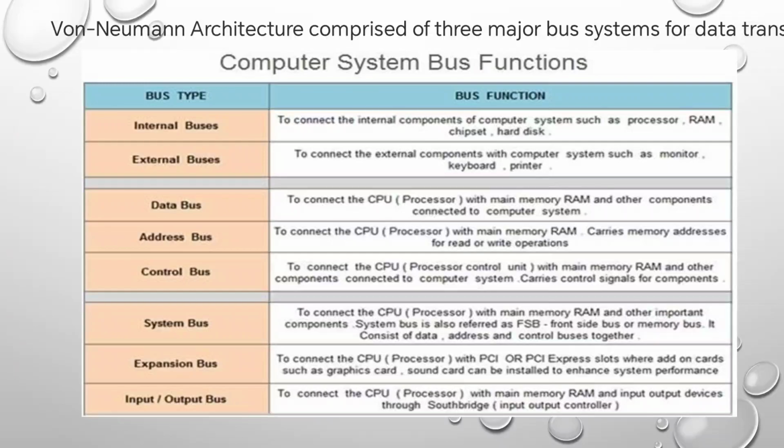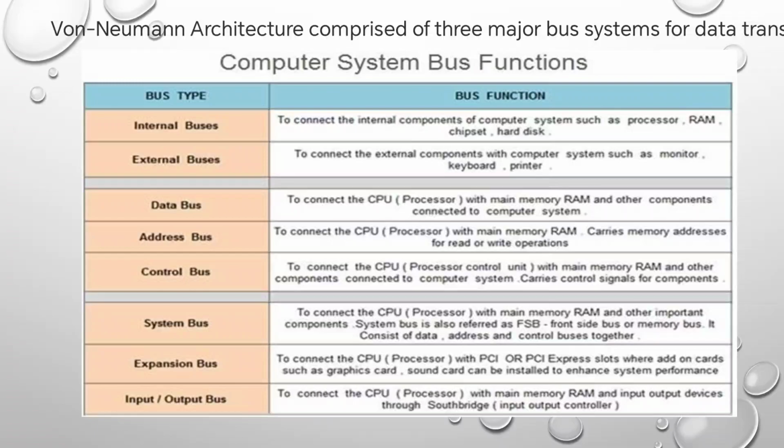System bus: to connect the CPU with main memory, RAM and other components. The system bus is also referred to as FSB, front side bus, or memory bus. It consists of data, address and control buses together.